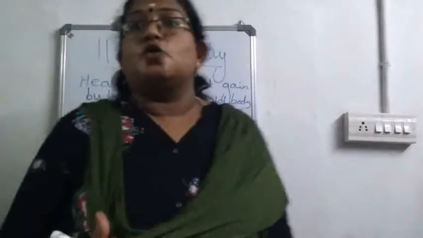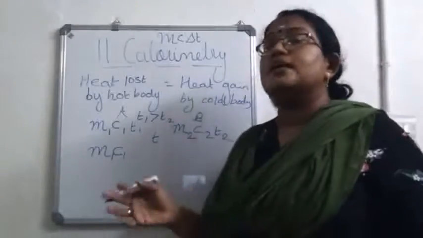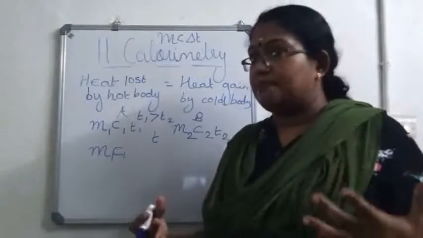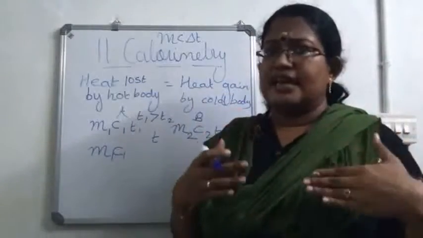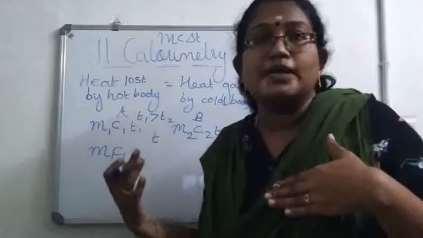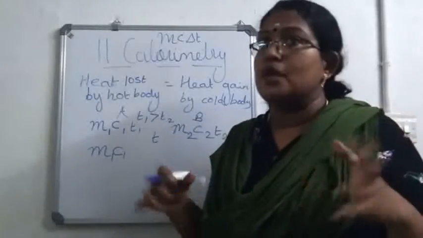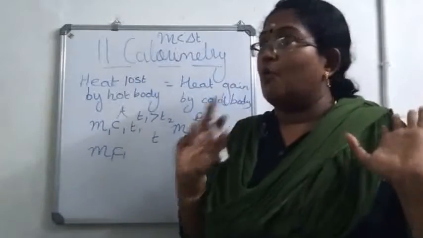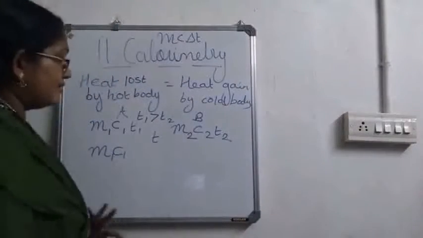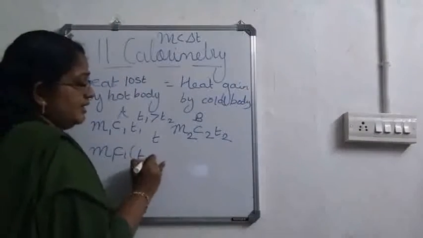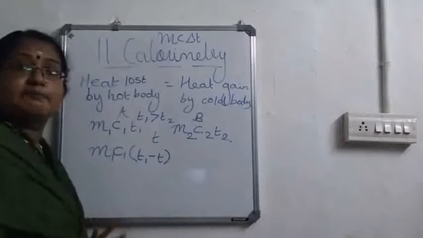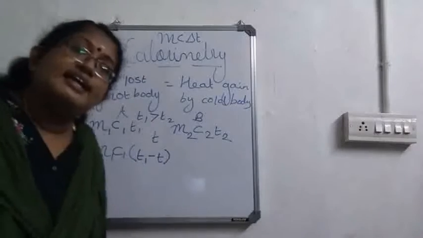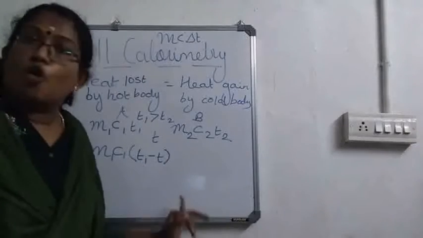Now, when you are mixing this hot body with the cold body, what happens? Heat gets transferred from hot body to the cold body, isn't it? So, instead of delta T, what should I write here? It will be T1 minus T. Why did I write like this? This is the hot body.